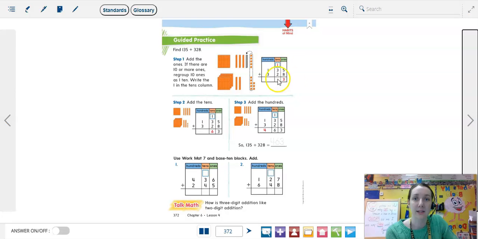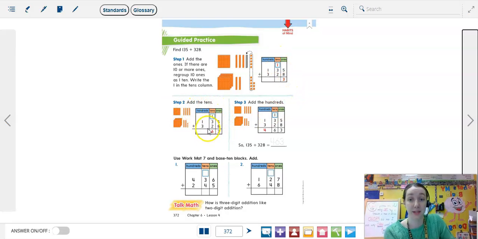It's not always as easily labeled like that, but you want your ones, tens, and hundreds lined up. So you did your 5 plus 8, which is what they did here in the picture, equals 13. There was a group of 10, so you carried it. That's doing the same thing as drawing it here. And then there were 3 ones that you didn't regroup, so you leave them in the ones place. Okay, so the 3 goes here, the 1 goes there.